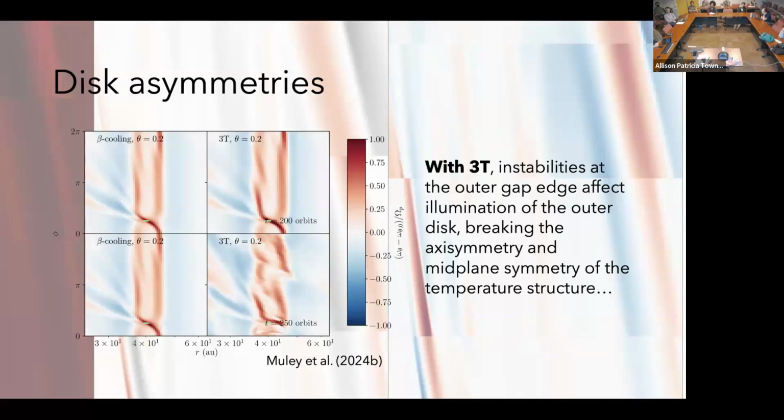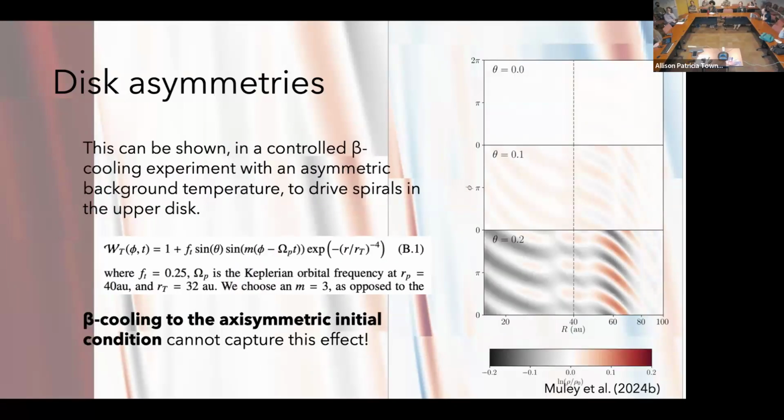Basically, instabilities at the outer gap edge couple to illumination, and they break down axisymmetry and midplane symmetry in the disk to an extent, and then you get these strong spirals. This ended up resembling what happens if you put in a prescribed temperature structure with slight asymmetries about the midplane and in azimuth: you end up reproducing spirals similar to what we observe, especially these inner spirals.